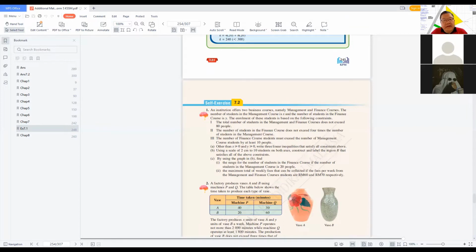Then the next one is the total. All the types of questions, you can safely put down this total there. They always exist in the question, so you put down total. Another one is the maximum or minimum value. These are the constraints.